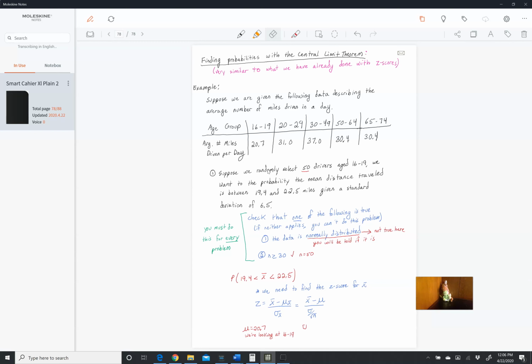Sigma is equal to 6.5. We were told this over here. So we're going to find the z-scores based on this. And our x bar, we're looking at 19.4, and we're looking at 22.5.